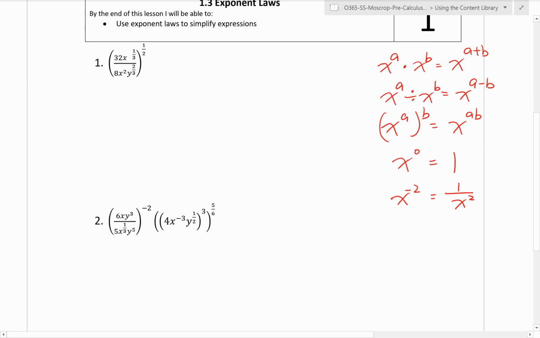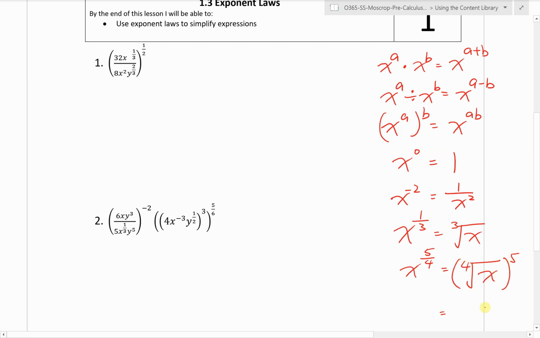Yesterday, or last lesson, we had rational exponents. So recall, if you have 1 over 3, this just means it's a cube root of x. Or you could have, let's say, 5 over 4. This means it's the fourth root of x and then to the power of 5.